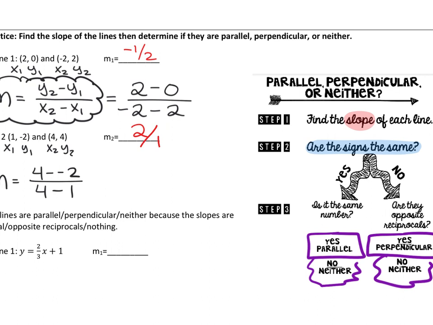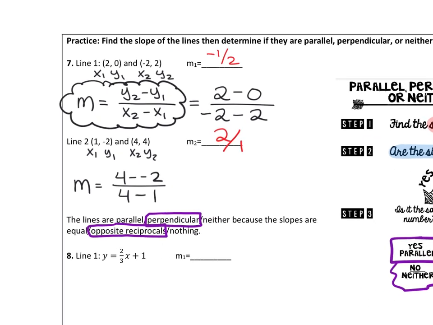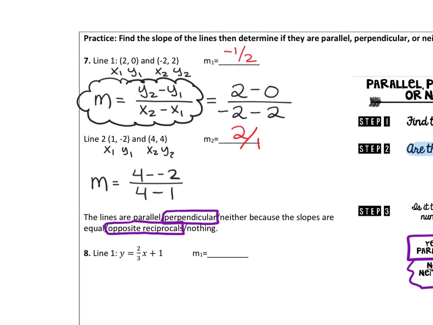Are these two numbers flips of each other? Yes. And they're opposite signs because one's positive, one's negative. Which means these two lines are perpendicular because the slopes are opposite reciprocals. So we give both the answer, perpendicular, and the reason that their slopes are opposite reciprocals.